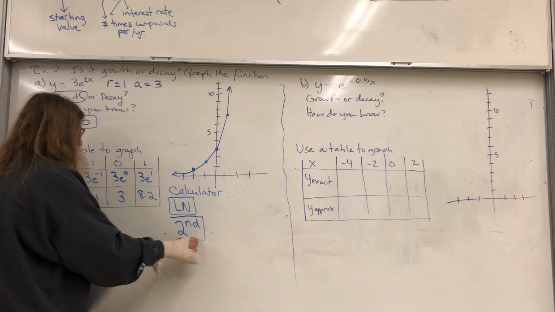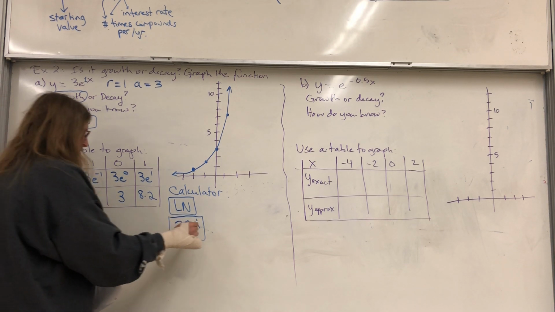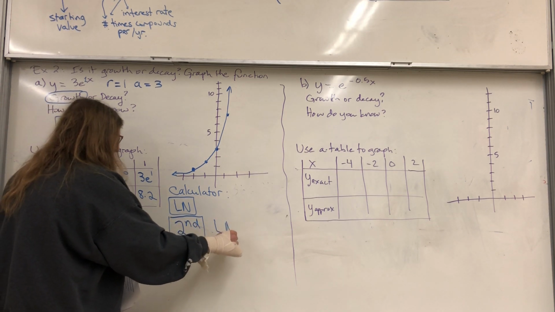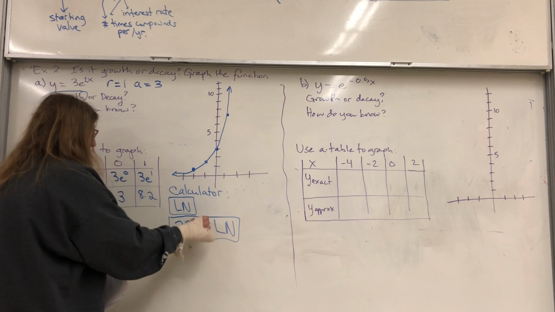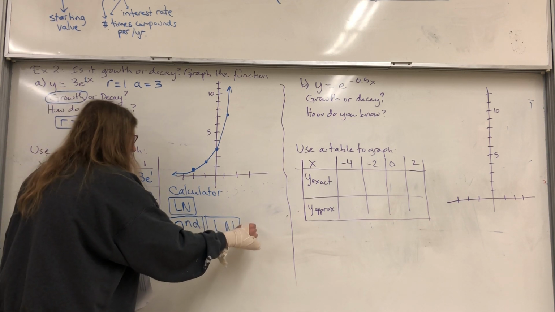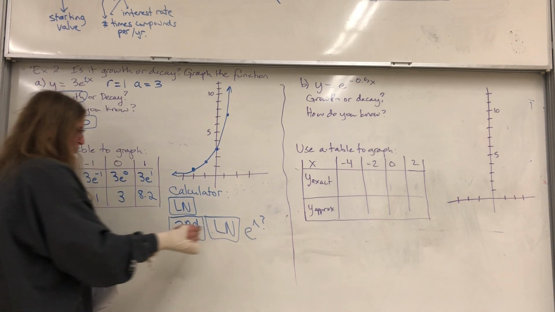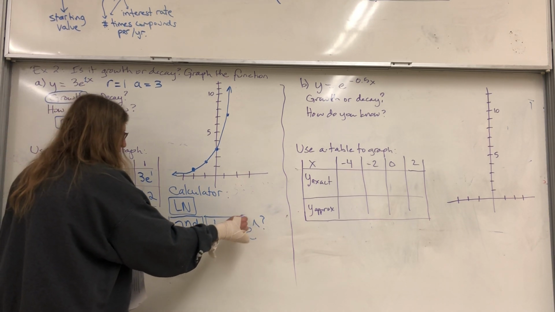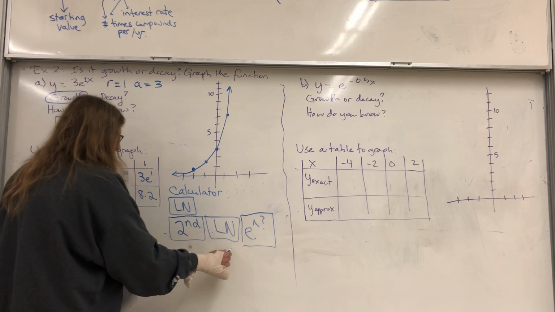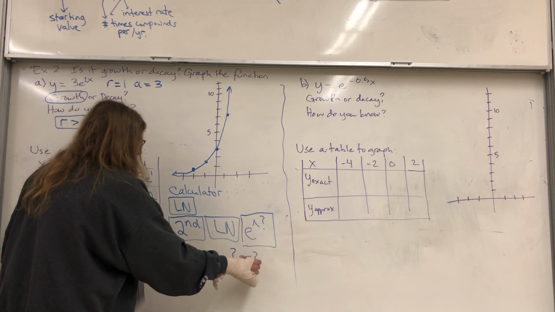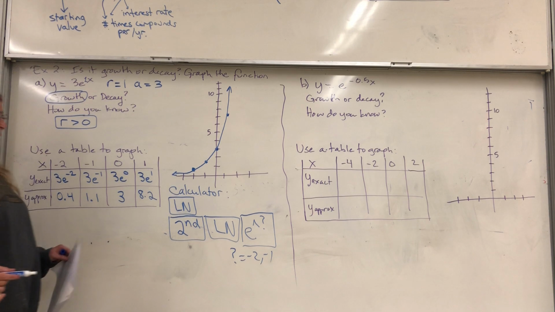Right above that LN, you're going to see a little e. You're going to do second LN, and then your calculator is going to say e to the something. And you can just put in whatever value you want, whether it's negative 2 or negative 1, and then you press enter.